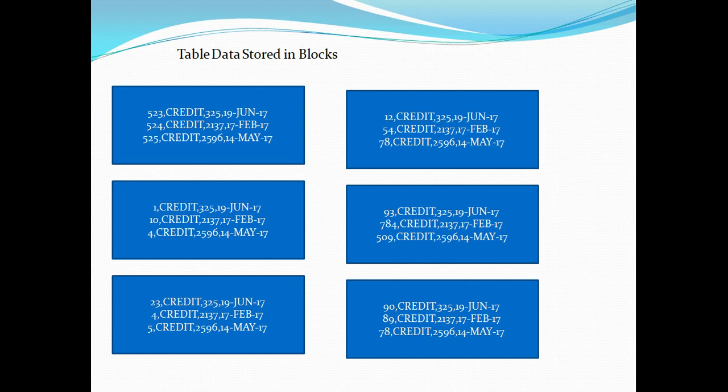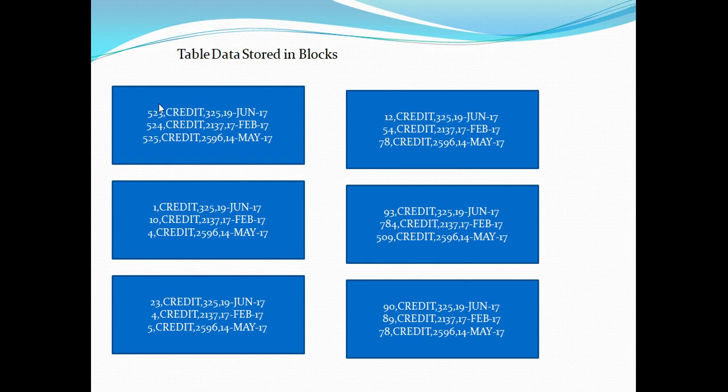Since the size of the block is 8 KB, it can have more than 1 row stored in a block. Just to rephrase this again, since the size of the block is 8 KB, it can have multiple rows in it because the size of the row can be less than 8K. So it can have 2, 3, 4 or as many rows as can fit in a block.